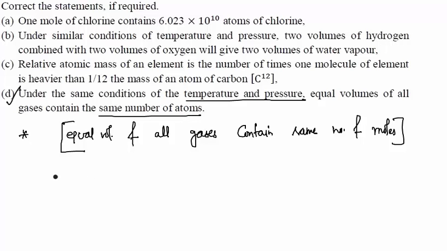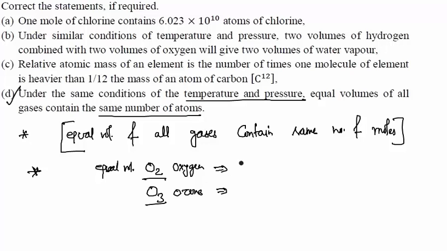Look at this, I'm just giving you one example. Suppose you have equal volumes of oxygen and of O3, that is ozone. Both are gases. If you have equal volumes of oxygen and ozone, that means the number of moles of both will be the same.